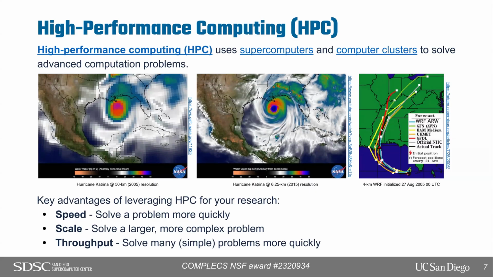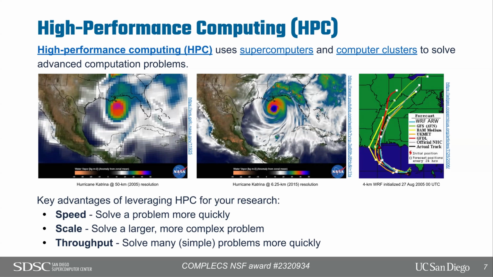There are key advantages for doing these types of calculations on supercomputers: you can leverage the large amounts of compute and memory to speed up a problem and solve it more quickly, right? So you might have a lower resolution simulation if you need to run it faster. You can get higher fidelity and solve larger problems, that's larger, more complex problems, if you need that higher resolution.